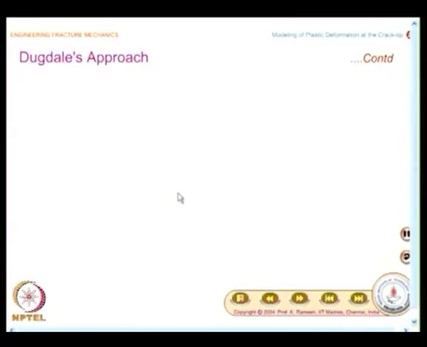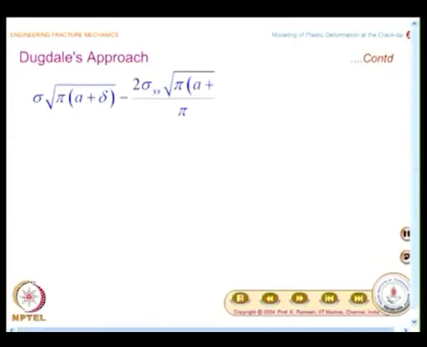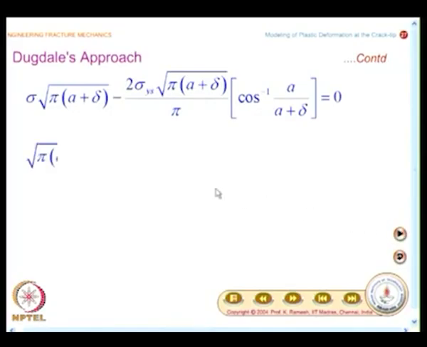We have used our knowledge of stress intensity factor for a symmetric load acting on the crack face, extended it for finding out the stress intensity factor when I have sigma ys on either side of the crack tip, and we have got the expression for k delta. What we have to do next? We have to write the expression k sigma plus k delta equal to 0. That is what I am going to do, and that is what is written here.